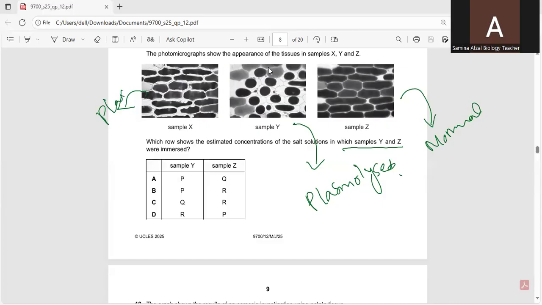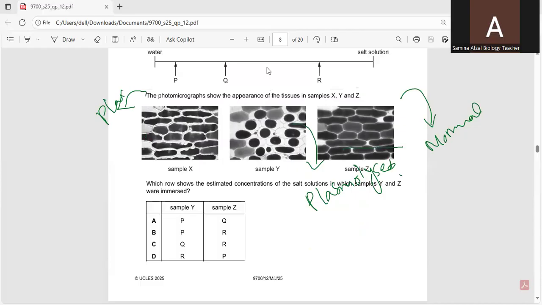So here, again, I'm moving towards which row shows the estimated. So Y, they are completely plasmolyzed. So it means they are at R. Y is with R, and Z, they are normal. So they are at P. And X, they have started plasmolysis.